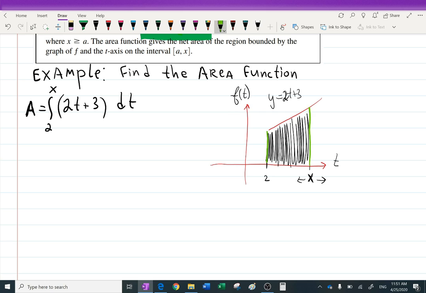And you can find this area either using geometry, which means you multiply by 1/2 the distance between parallel lines and the sum of those two heights. That's how you find the area of the trapezoid.